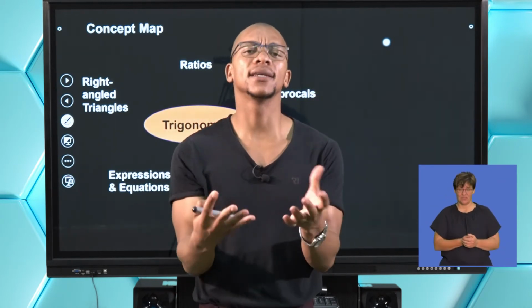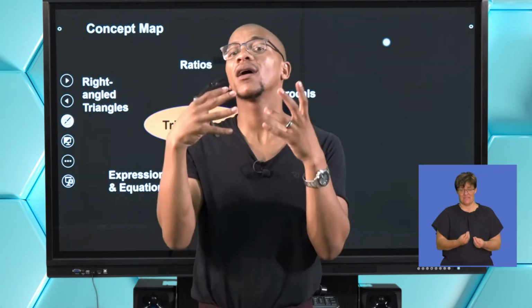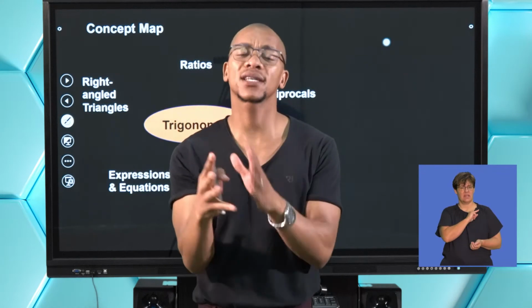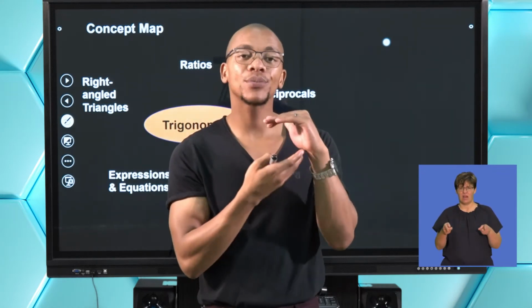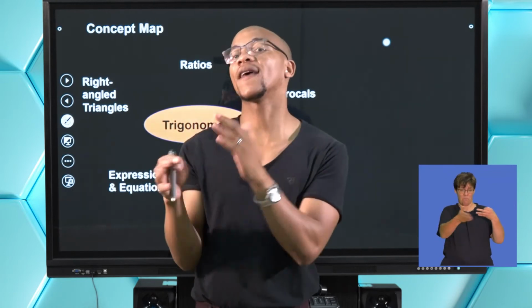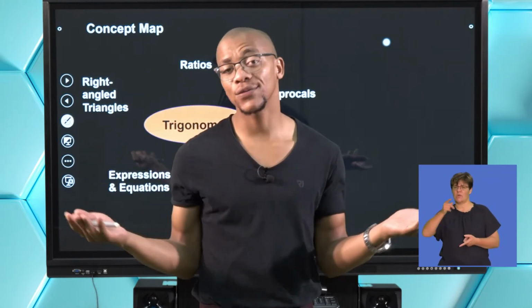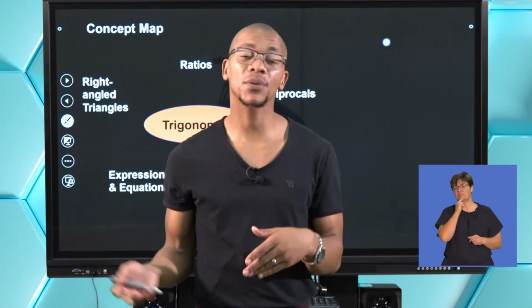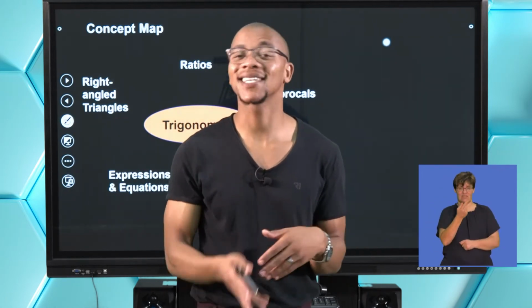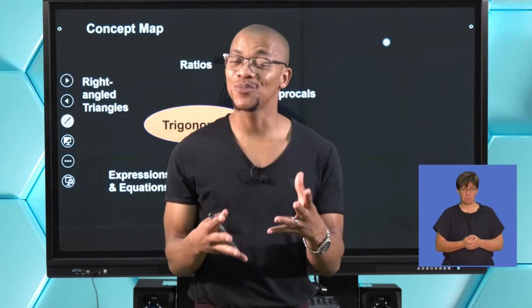Because that's the number of ratios that we are dealing with now. But the reason I'm separating the 2 is because we're going to be using the 3 main ratios more than the reciprocals. But if you are given a question that needs the reciprocal, you will then be in a better position to answer it. So I hope that has been clear.